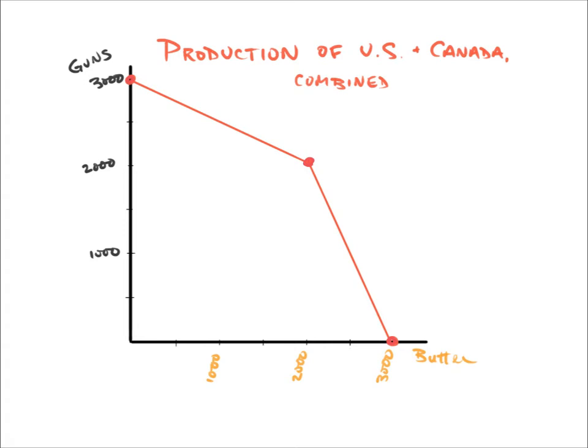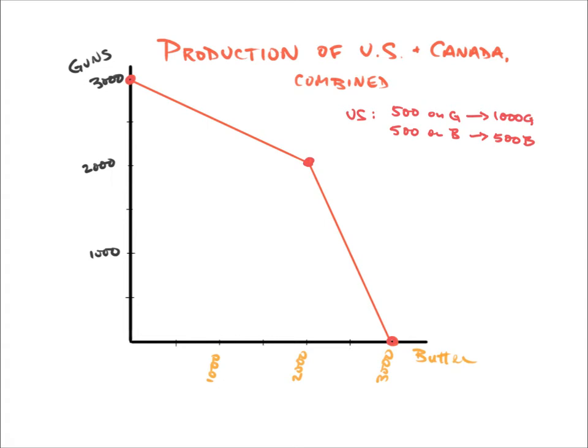But then there are also other options, like the U.S., just for example, could produce, well, if it uses 500 on guns, that yields 1,000 guns, and the other 500 on butter, that produces 500 butter.